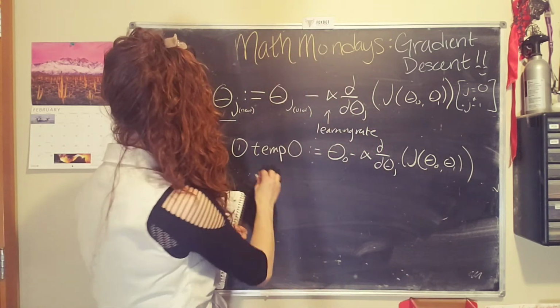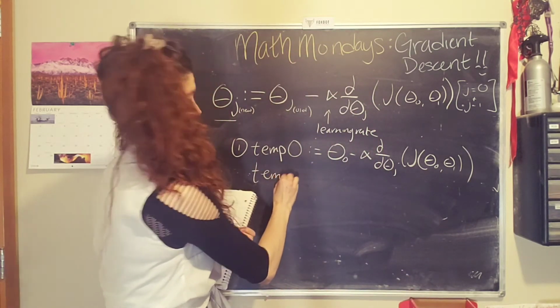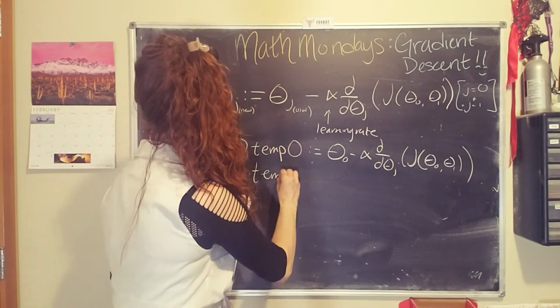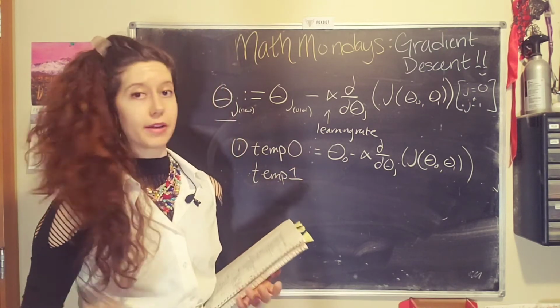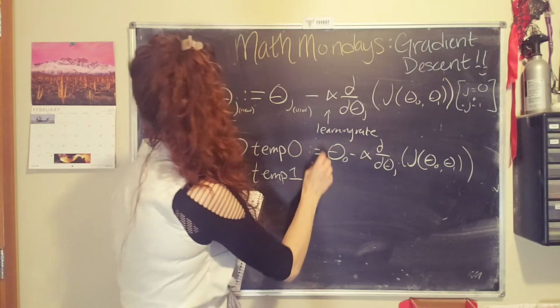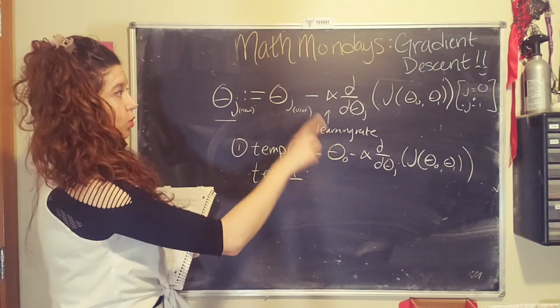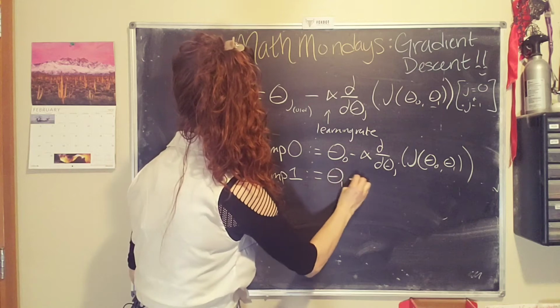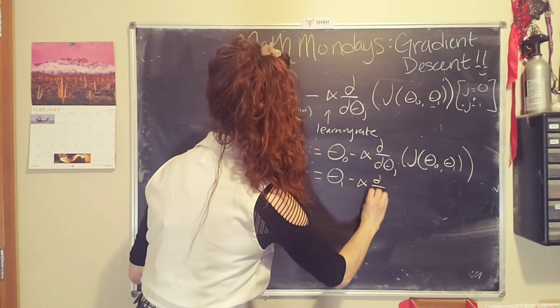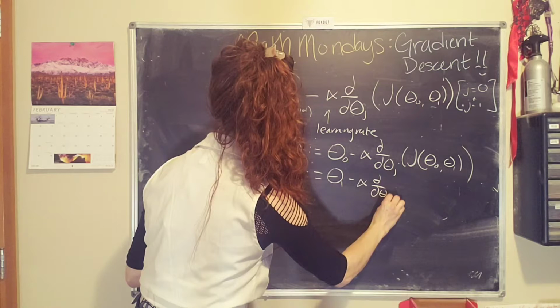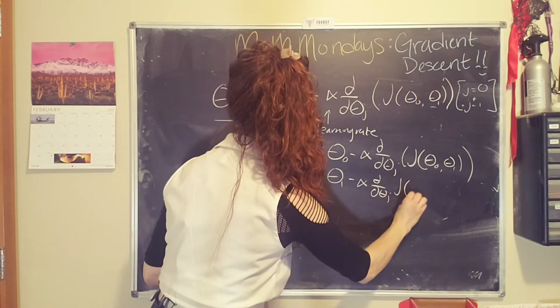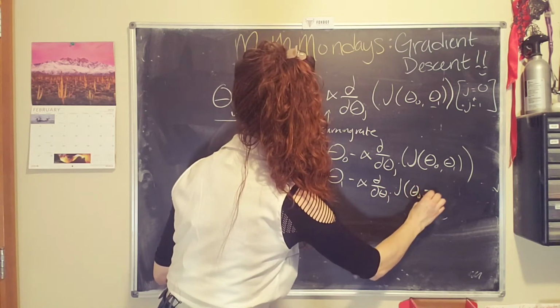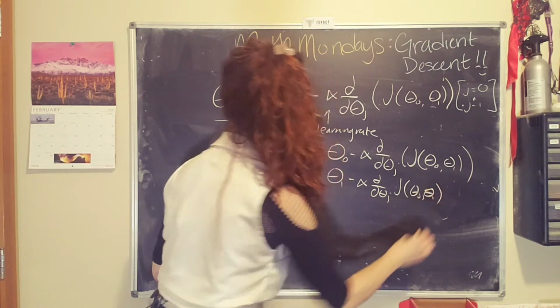And then we want to do this for each of the parameters. So in this case, I'm just going to write two of them. Then this would be the temporary placeholder for theta 1. And that's going to equal theta 1 minus the learning rate times the partial derivative with respect to theta 1 of J(theta 0, theta 1). There we go. Okay.